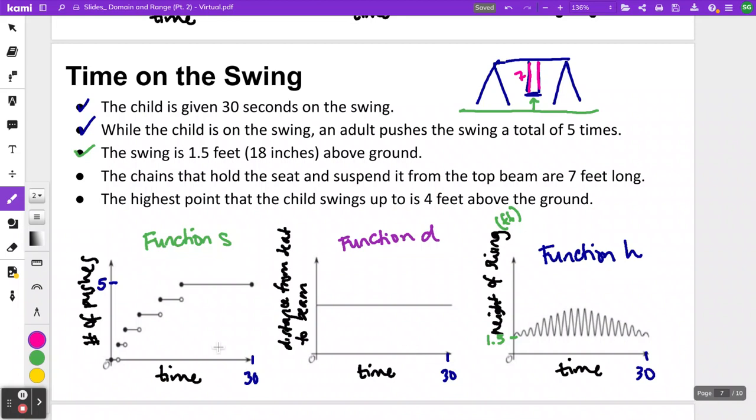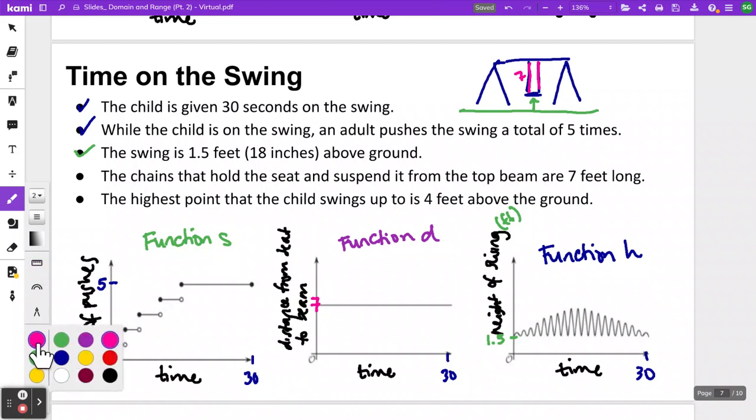Well, we've got function D is talking about the distance from the seat to the top beam. And we had said earlier that's constant because no matter if the swing is hanging down here or up in the air, that distance from the seat to the top beam is always going to be the length of those chains. And now I know those chains are 7 feet. So right there must be the number 7.